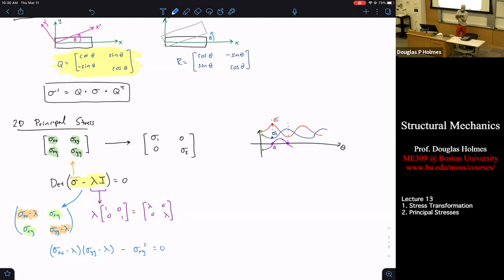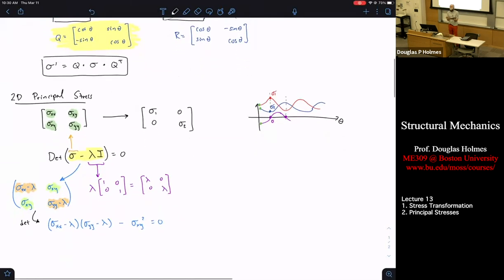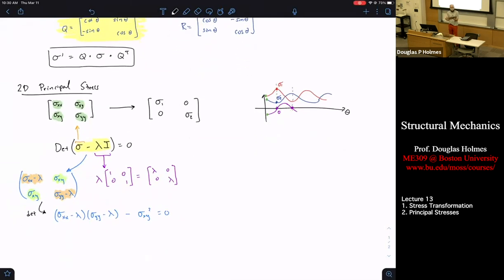And this equation says take the determinant and set the determinant equal to 0. In 2D, I think it's actually instructive to do this out by hand. We don't need to do it out by hand, but I actually think you can learn something pretty quickly.